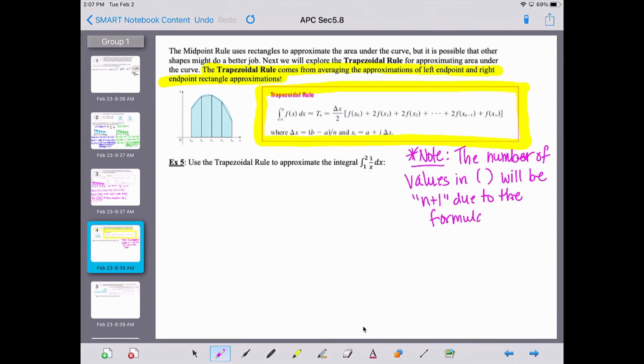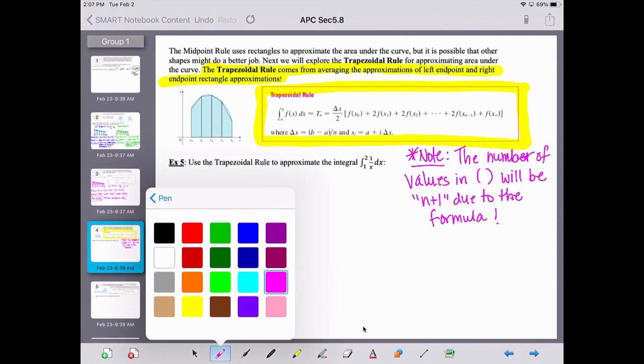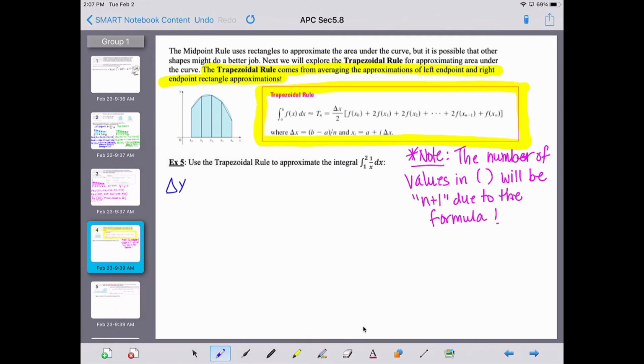It looks complicated, but it really is not, okay? You'll see as we work through the example here. So let's start with our delta x. So once again, here our delta x, this hasn't changed for any of them, is 2 minus 1 divided by, we want to do 5 subintervals, right? So again, this is 1/5 or our 0.2 value.